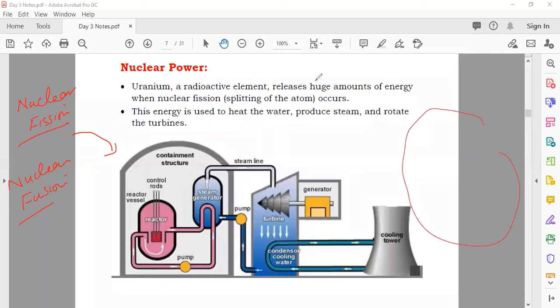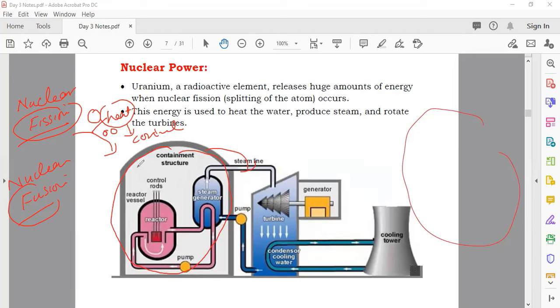Yes, sir. Okay. So I was telling you about the difference between nuclear fission and nuclear fusion. In nuclear fission, a big nucleus will break down into two small nuclei, and during this process a lot of energy is released in the form of heat. That heat can be used for different purposes. If you can control that heat, it is used in a nuclear power station to produce electricity.